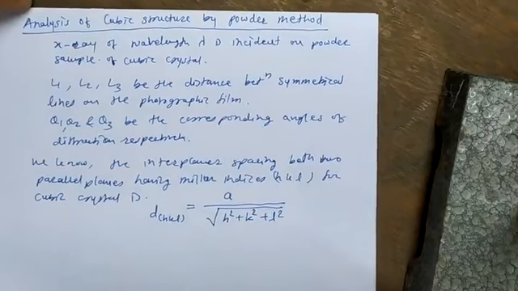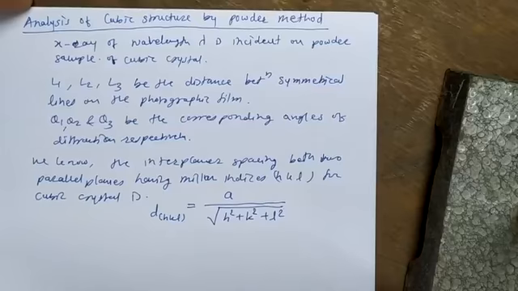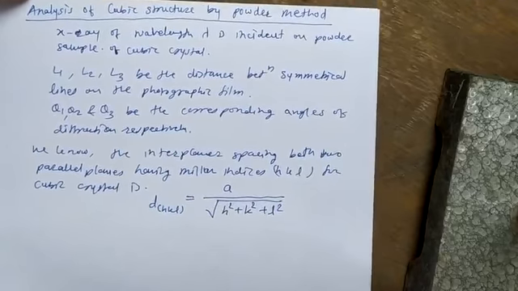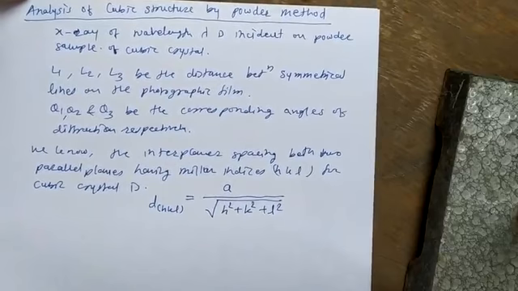Where a is the lattice parameter, h, k and l are the Miller indices for that particular plane.